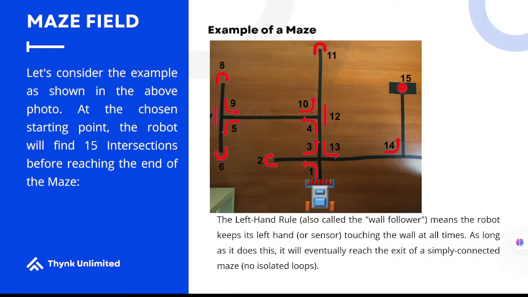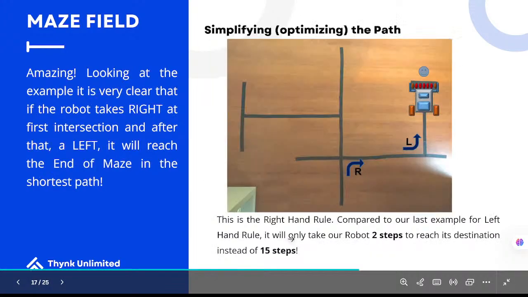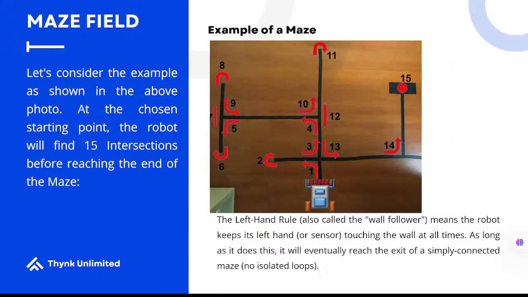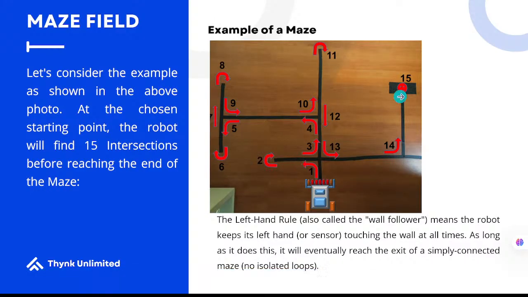Yeah, so I explained that yesterday. So, simplifying or optimizing the path. In the last slide, the robot took 15 moves, 1, 2, 3, up to 15, to reach this point.